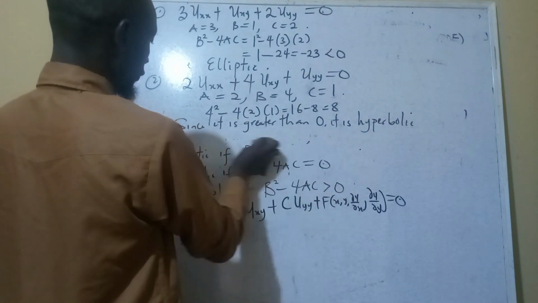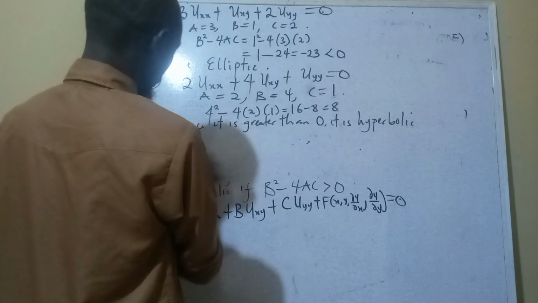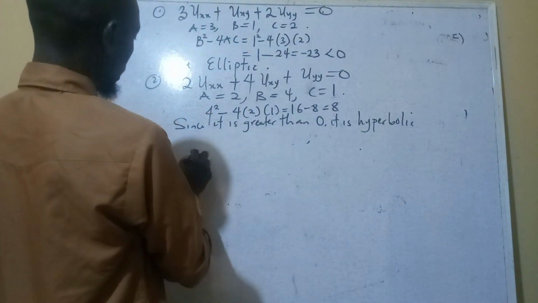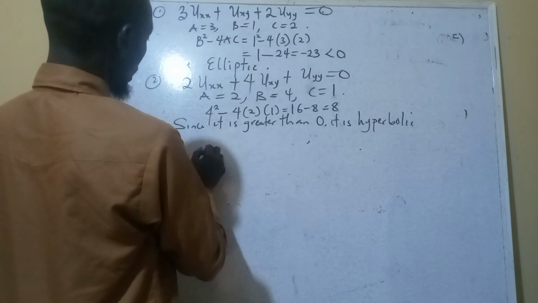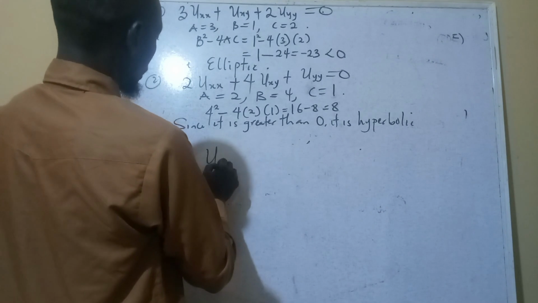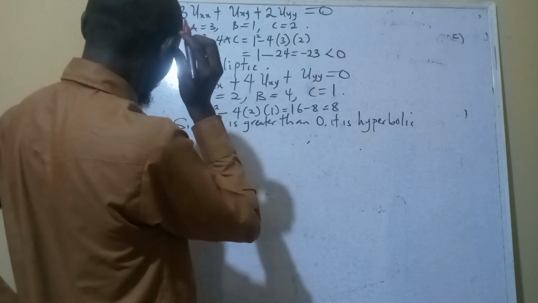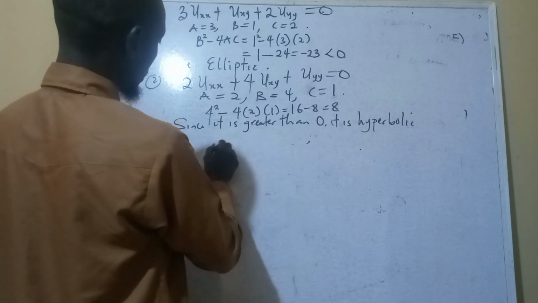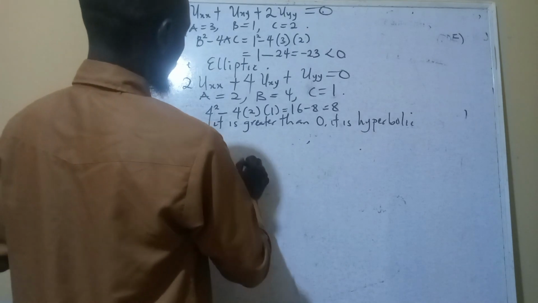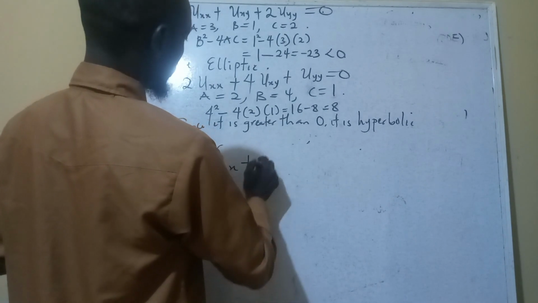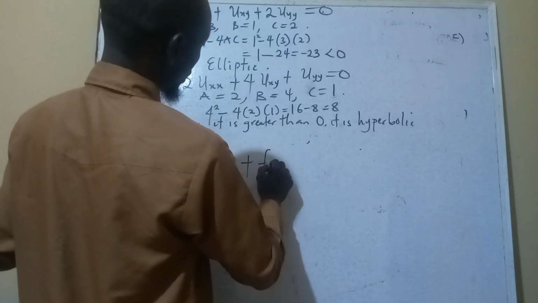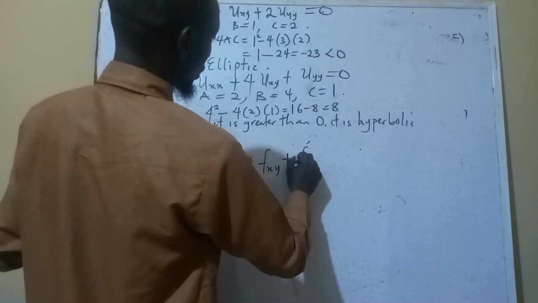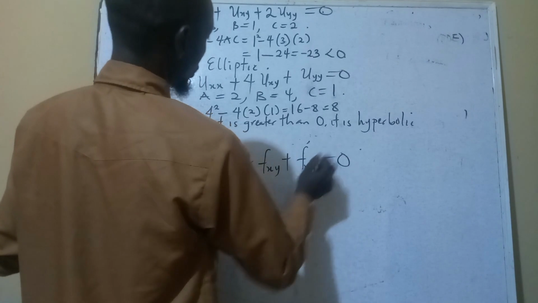Now let me say we also have another one here. Question number 3. Let me say I have u_tt, let me say I have f_xx plus 4 f_xy plus f_yy equal to 0.